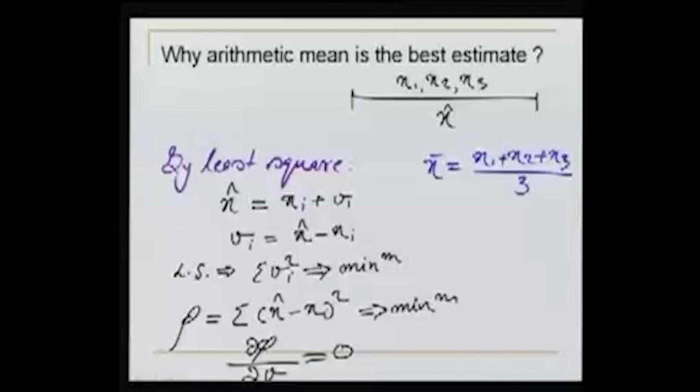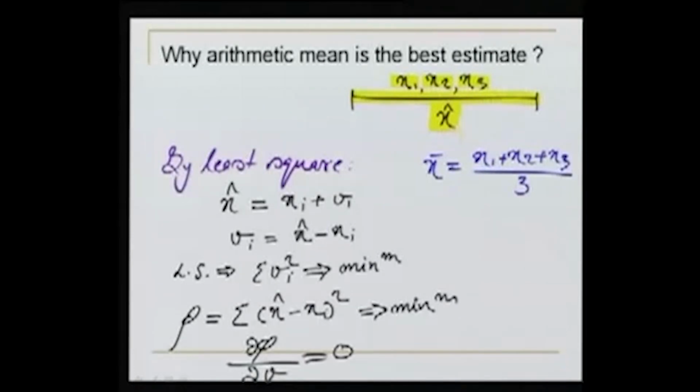Now here, again we have a line, as you can see, and we want to take the observation of this line, and we have taken the observations as x1, x2 and x3. We want to find the most probable value of this line, or we say the estimate of that line, the adjusted value.